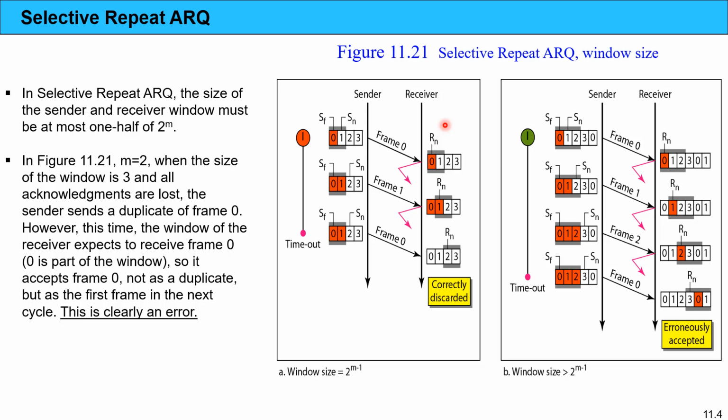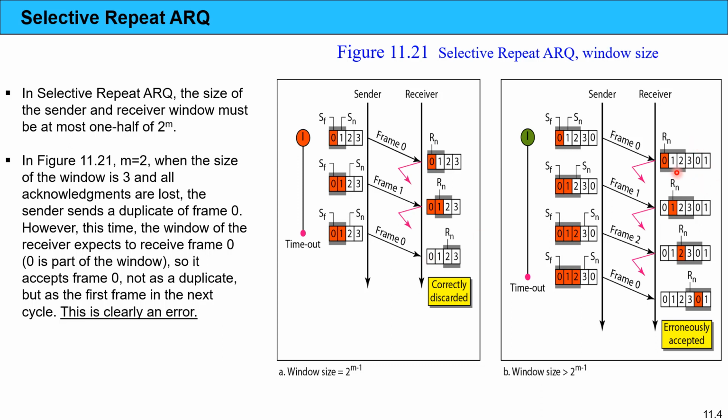It means I will send 0 and 1. I sent 0 correctly and I will send acknowledgement, but the acknowledgement will not be received here. So I will send 1, I received it correctly, so I will shift Rn to 2, but the acknowledgement is lost. So after timeout, I will resend 0 again. In this case, the receiver will not get confused and will discard 0 because it's already received and acknowledged.